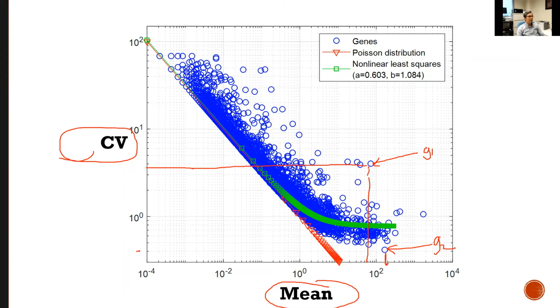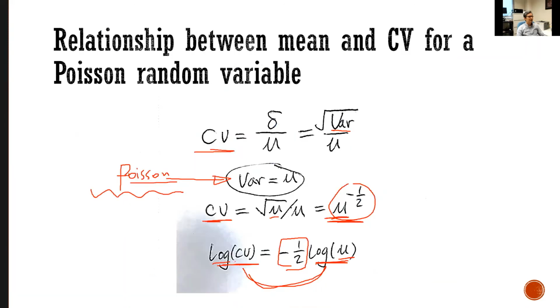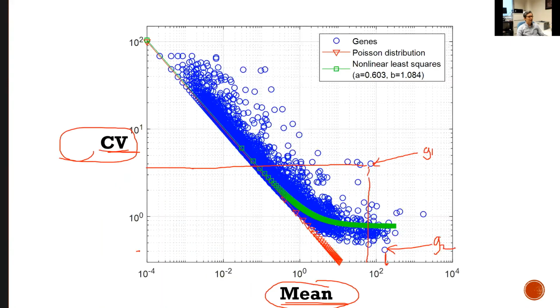And when you do the regression between these two variables, as we described, this log-log relationship is negative and linear. So that's where you get this theoretical expectation if you assume your data points follow the Poisson distribution.